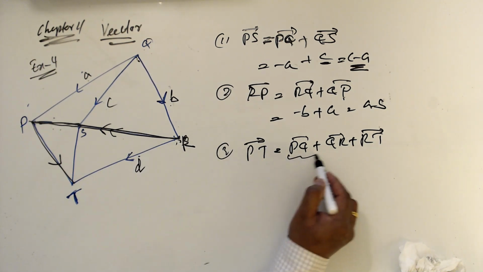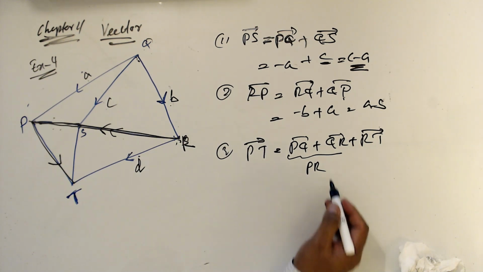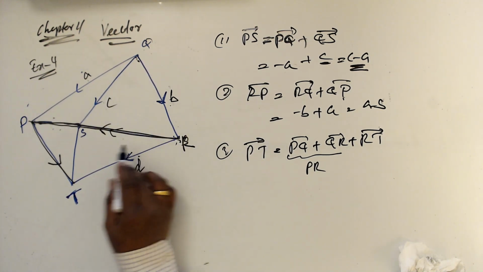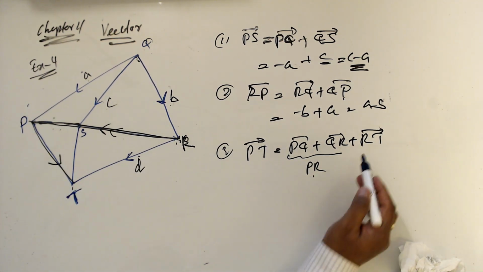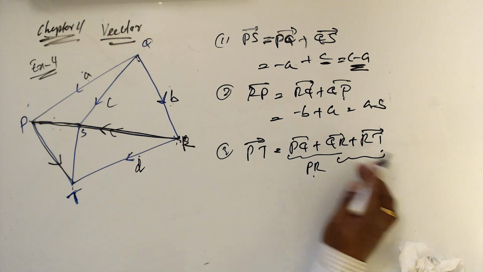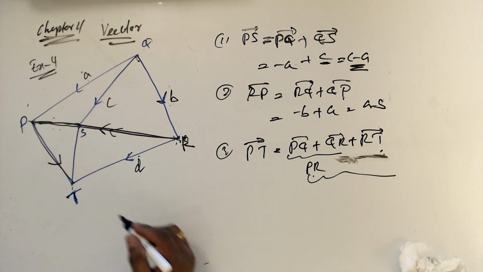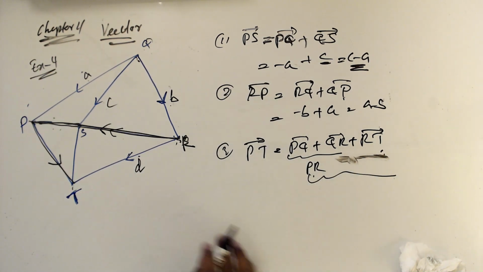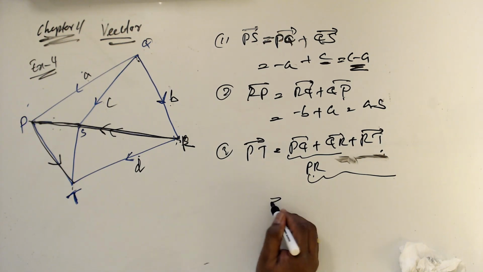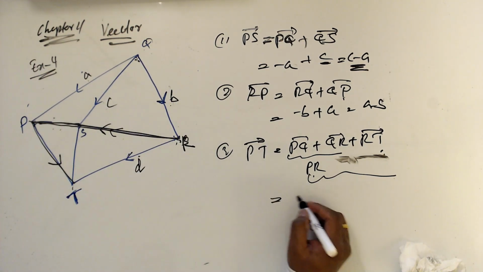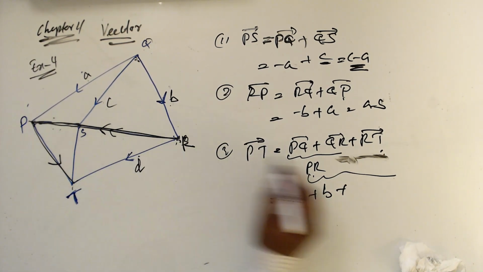PQ plus QR means what? PR. So now this is a triangle. And then when you know PR, PT means PR plus RT. This is the other triangle. PR and RT is the other triangle. Two triangles are there, but we can write it straight and it is easy. So PQ means minus A, QR means B, and RT means D.